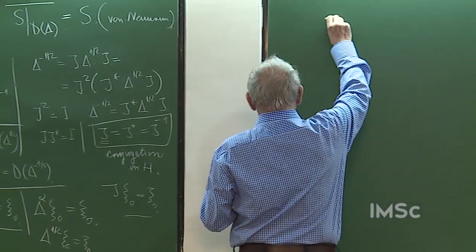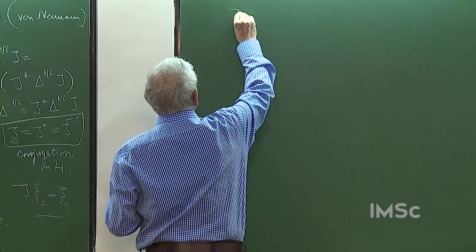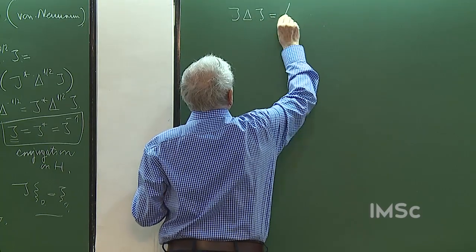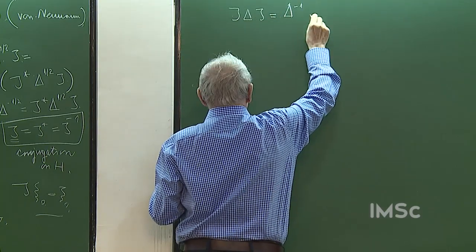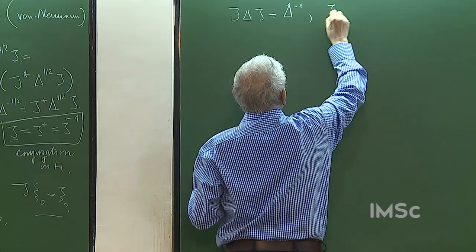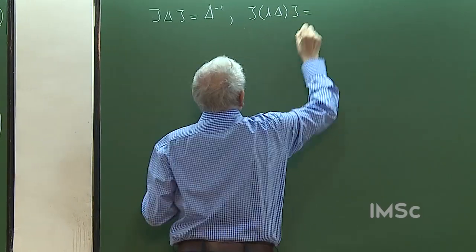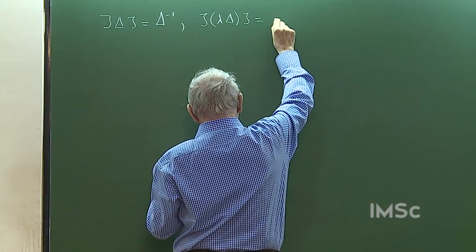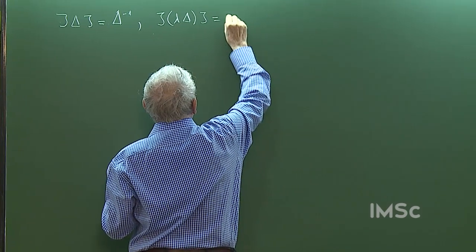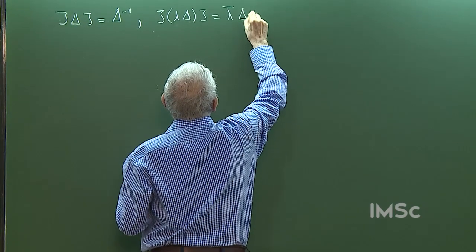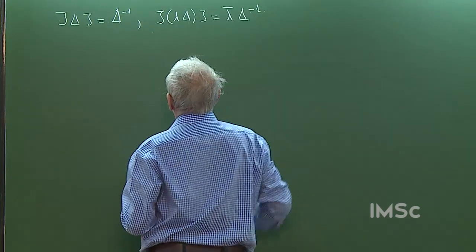Okay, and let's go a little bit further. And notice that we have the following thing. J delta J is equal to delta minus 1. And J lambda delta J is equal to lambda bar delta minus 1.